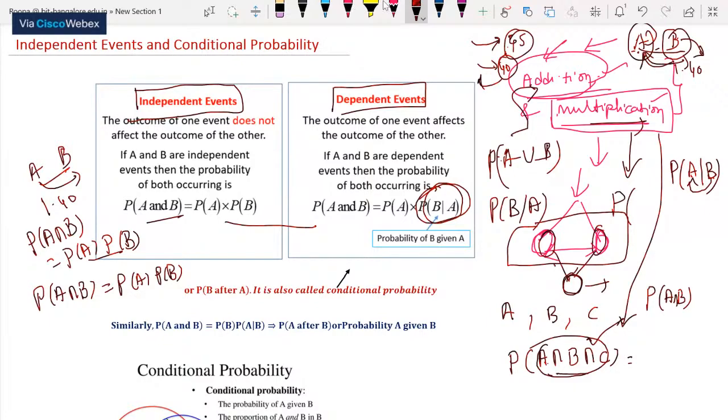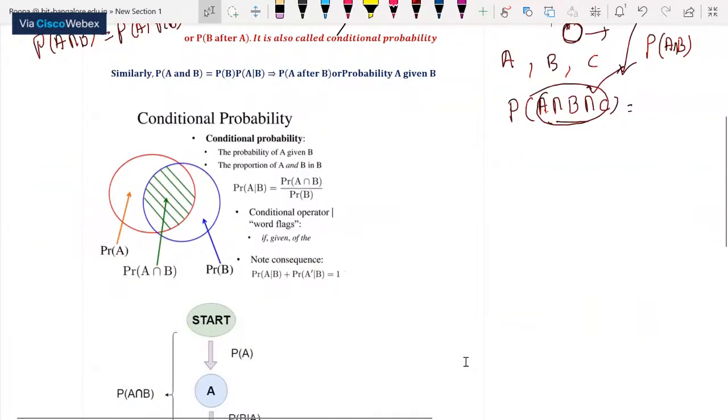Before moving to the next step, I want to share this conditional probability formula, which is very, very important. The probability of A intersection B, suppose A happened based on B. B happened, and only then is A happening.